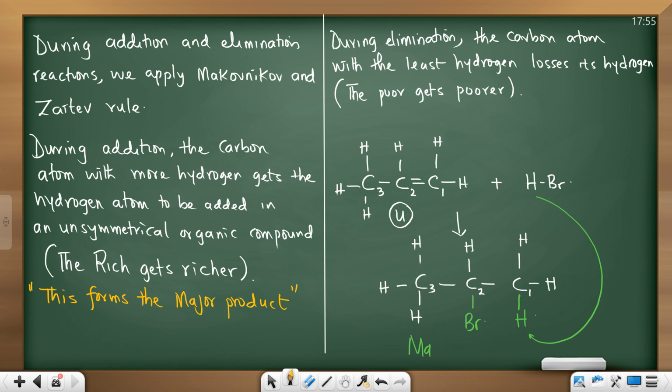Going otherwise forms what you call the unstable minor product. That is, if I were to switch the rule, I'm going to form something called a minor product, and it is unstable, so it doesn't stay for long. And that is our Markovnikov's rule.